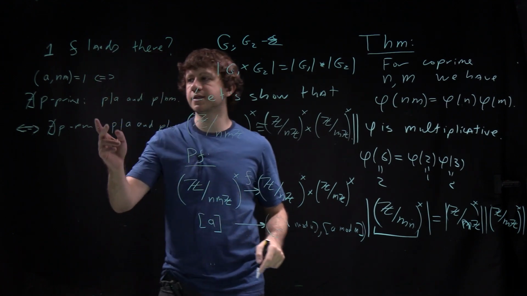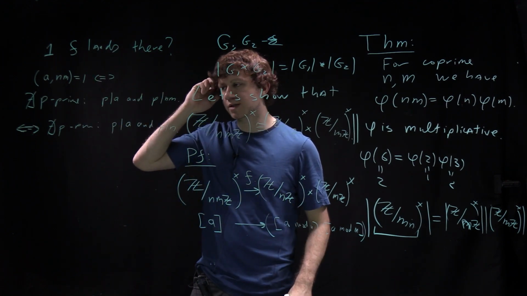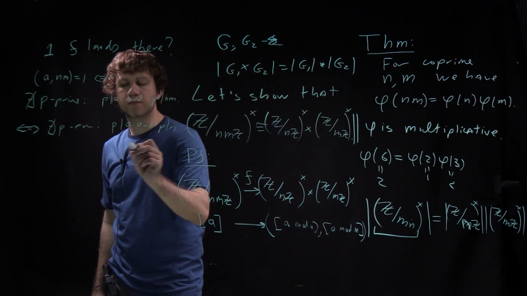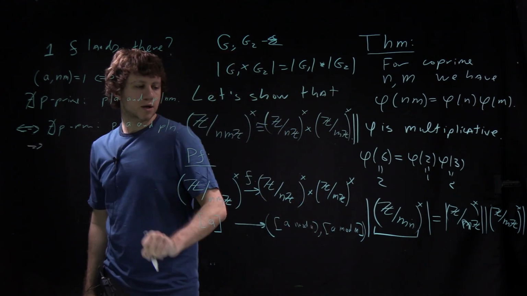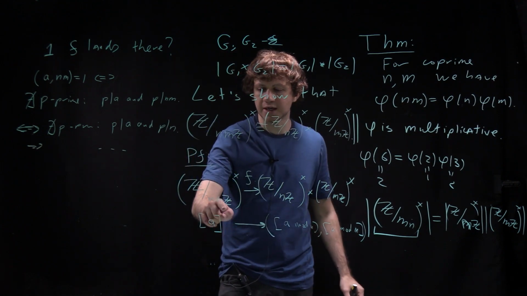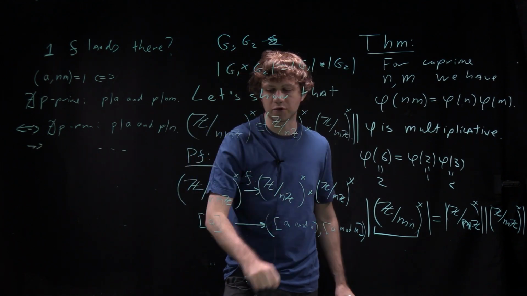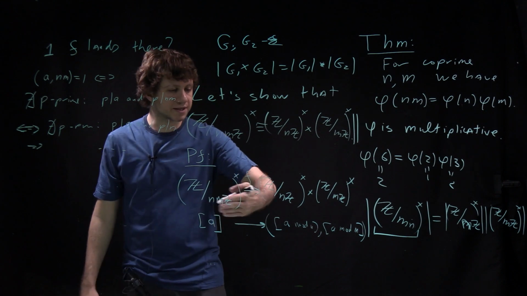Because if such a prime existed, then of course these two numbers won't be coprime either. And similarly for B. So these two elements are invertible. So f at least exists.